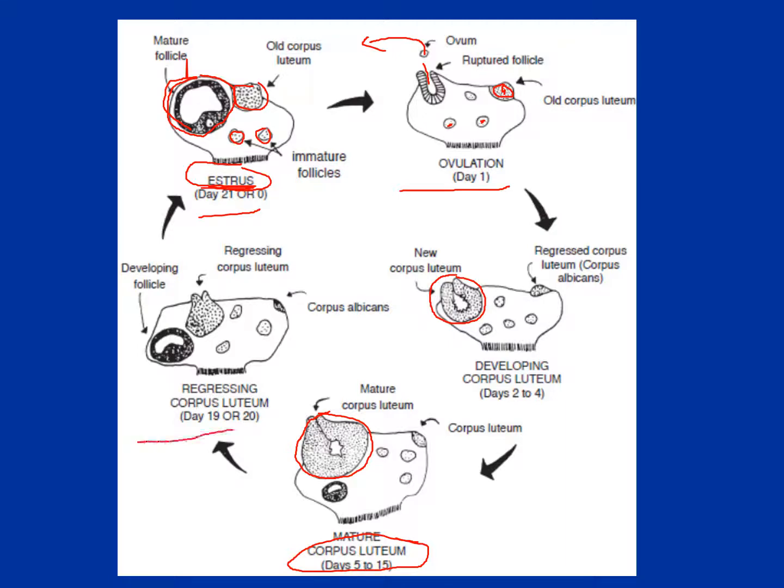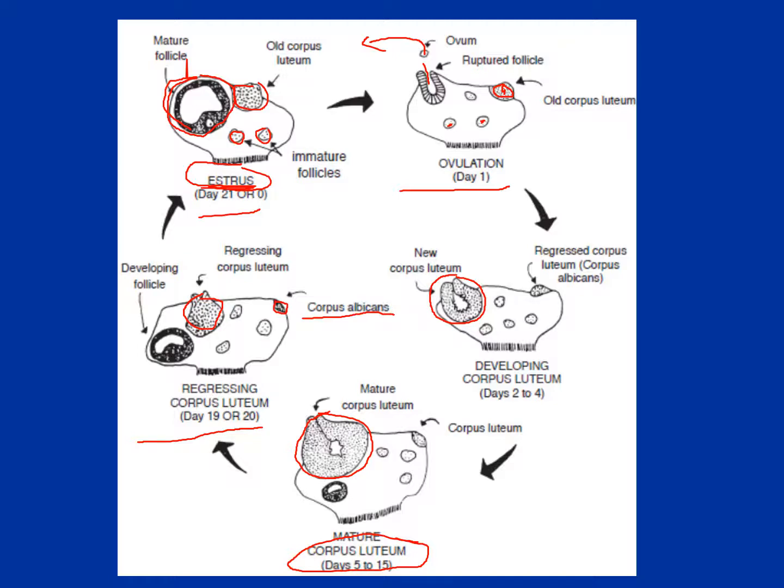Okay, day 19 to 20, evidently we had a prostaglandin spike from the uterus, so the CL is regressing. An old scar here from an old corpus luteum, we call that a corpus albicans.